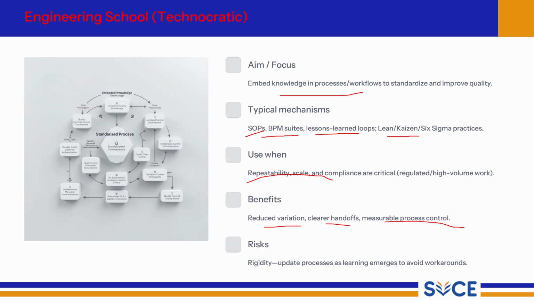Here, the risk is rigidity: update processes as learning emerges to avoid workarounds. If processes are not updated as new learning emerges, people may create workarounds that defeat the purpose. A rigid process breaks, a learning process adapts.